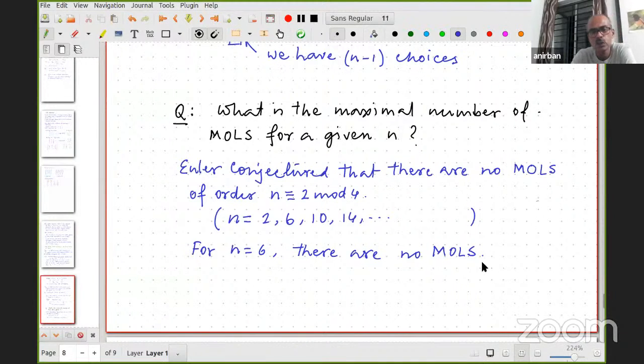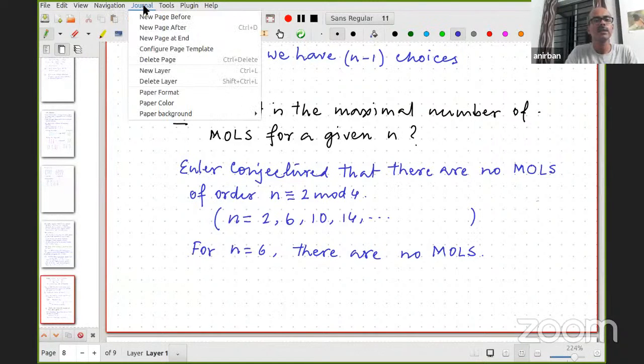So it is known that there are no two mutually orthogonal Latin squares for n equal to 6. But if you just look at Euler's conjecture, he says that it is not possible for infinitely many such n, whenever n is congruent to 2 mod 4. So that's an infinite sequence. But his conjecture was proved to be wrong in 1960. Just mentioned that.